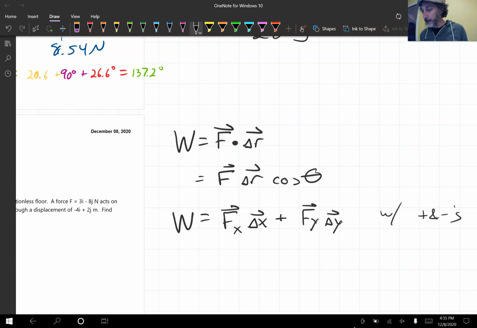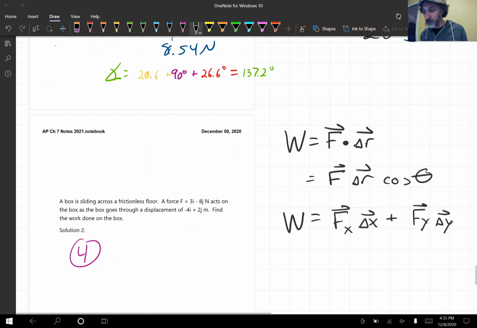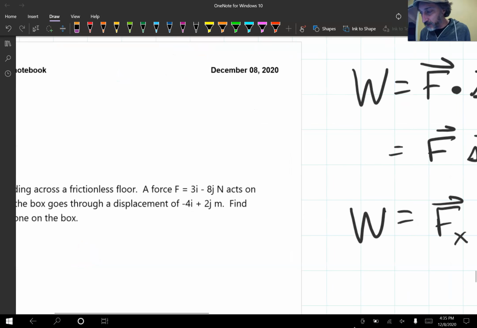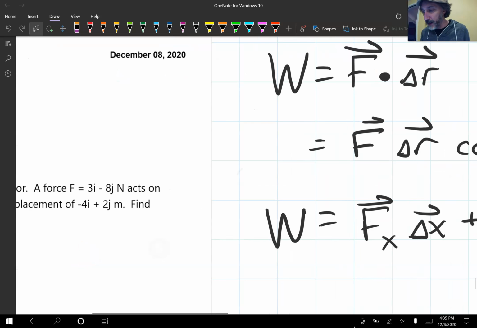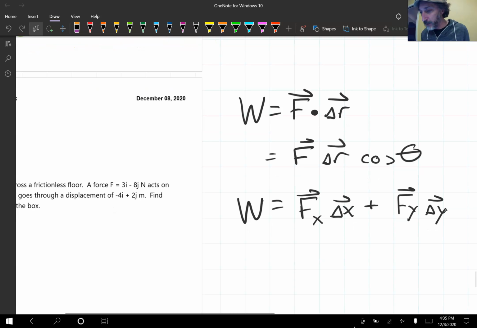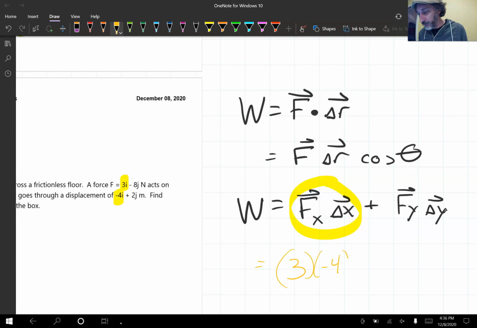Okay, so for us, let's see. So the work is, so I'm going to multiply my x components, I'm going to multiply my y components. So let's see, x components. So here's the horizontal component of my force, here's the horizontal component of my displacement. So that's 3 for my force times negative 4 for my displacement.